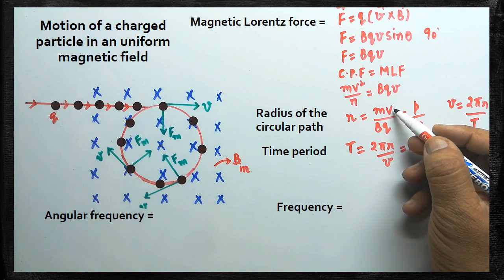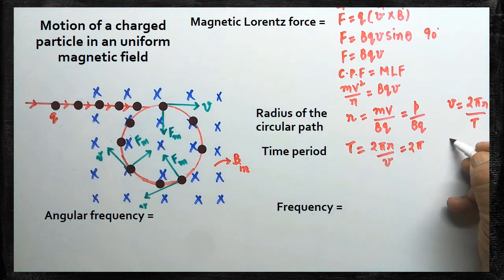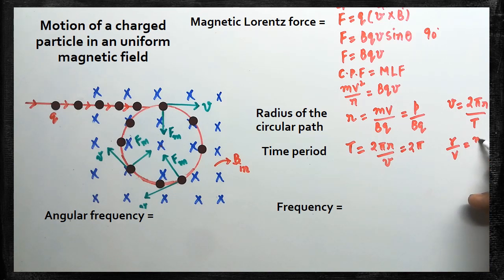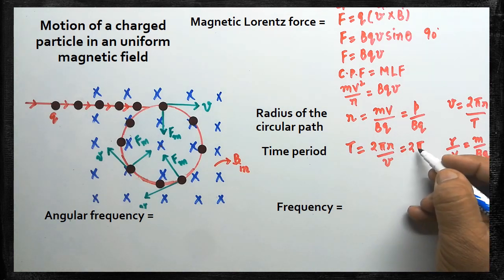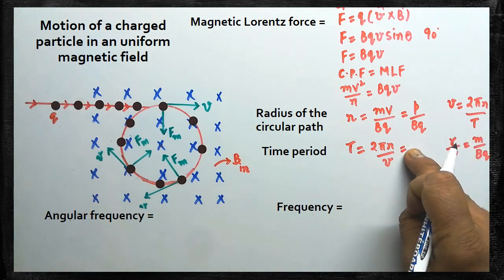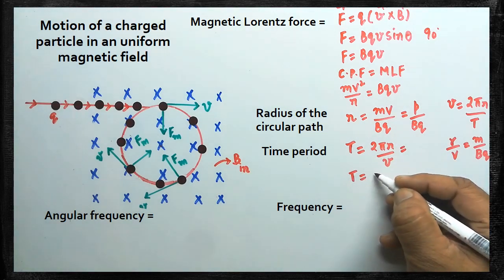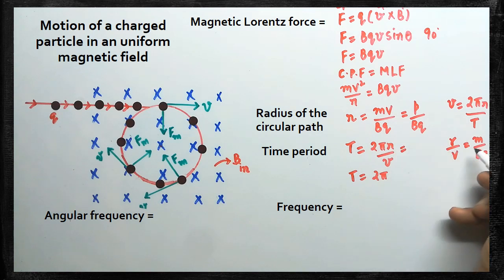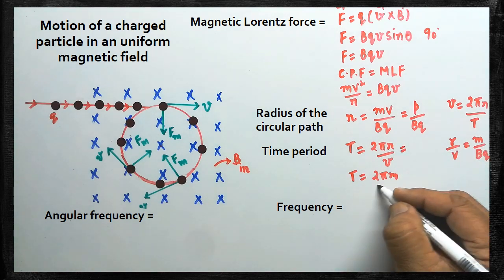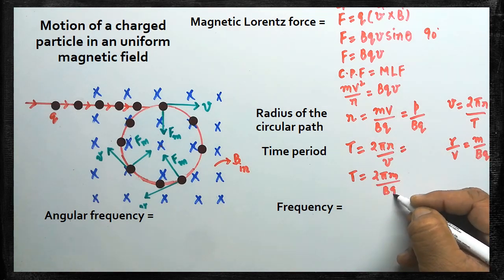Are you clear? This r by v can be written separately. R by v is equal to m by bq. R by v is nothing but m by bq. Substitute here in this formula. Instead of r by v we can substitute m divided by bq. Are you clear?